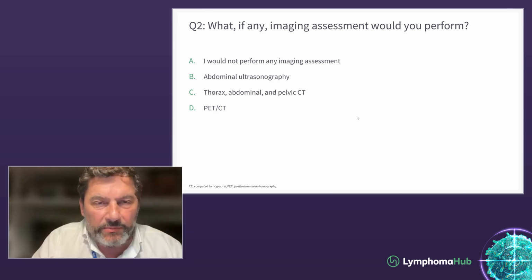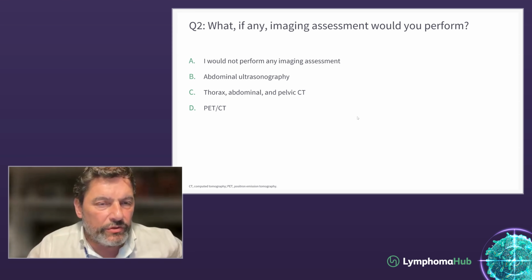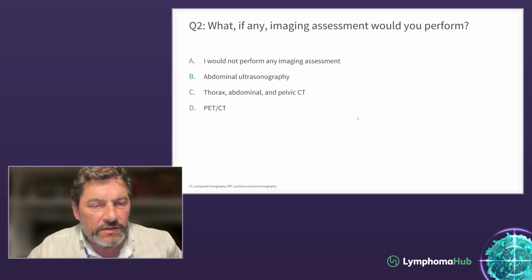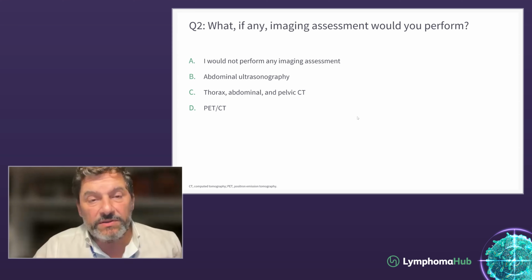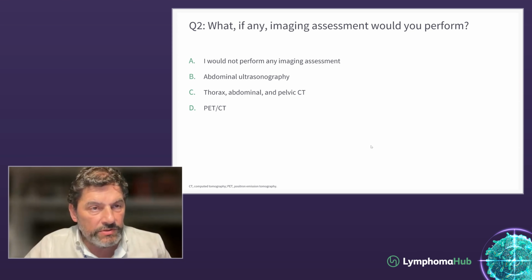Option A, you would not perform any imaging assessment. The second option, B, is you perform abdominal ultrasonography. C is the standard CT scan, and D is a PET CT. So please vote your options.